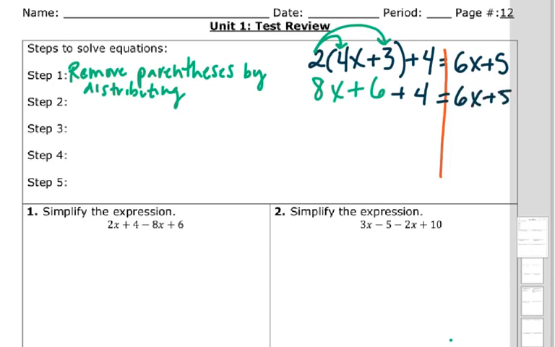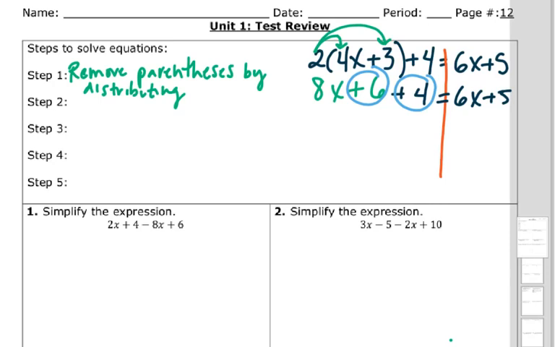Okay, step 2. So in this question, we need to combine like terms on each side of the border. What that means is that on this side of the border, we need to clean up any terms that look the same. What that is we have a number or a constant and another number, so those are like terms. So that is a positive 6 and a positive 4.